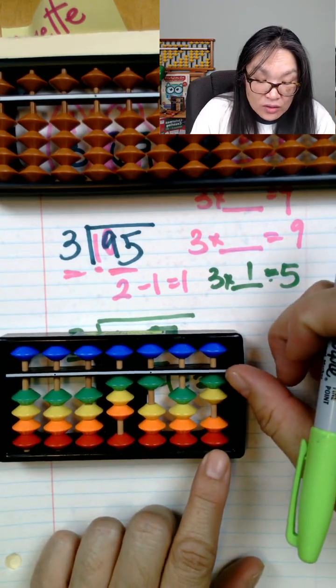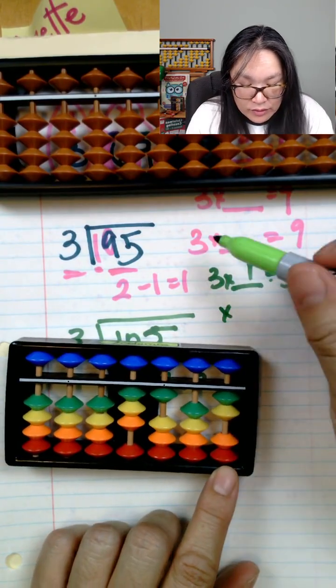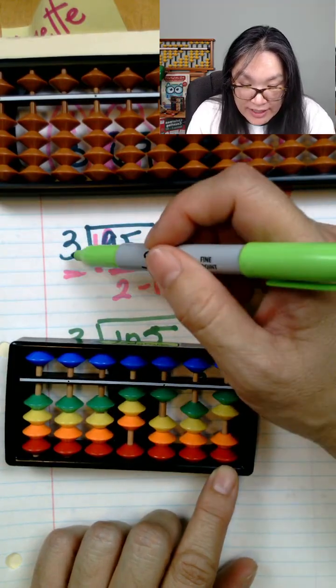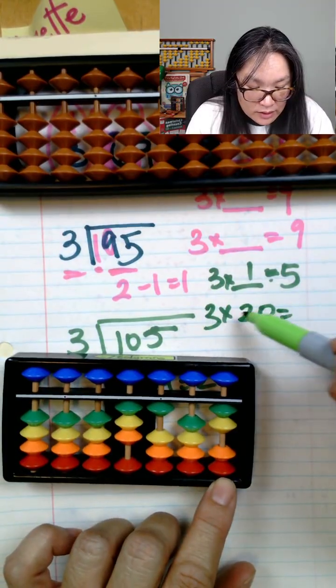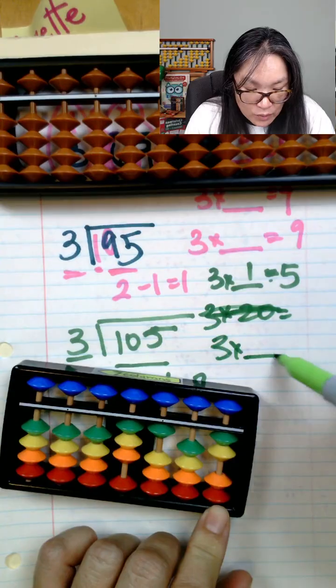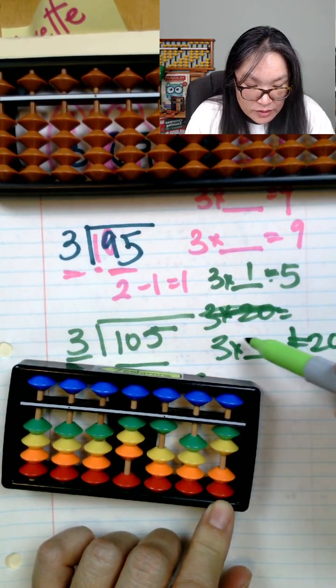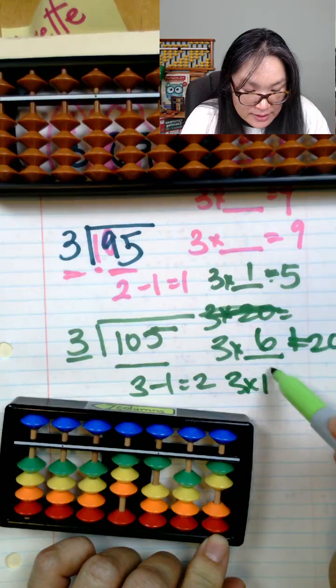And then now, who is bigger, the dividend or the divisor? The divisor is bigger. So now it's 3 times what is equal to 20 or less, right? So then 3 times 6 is equal to 18.